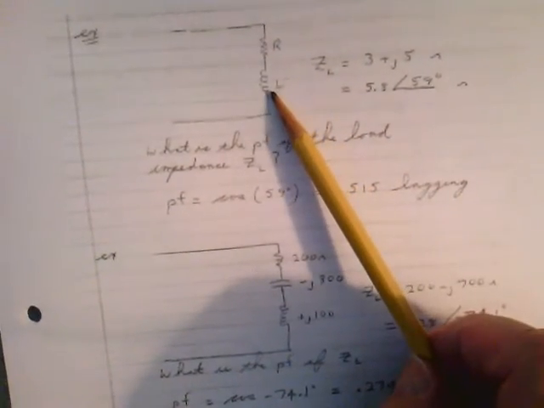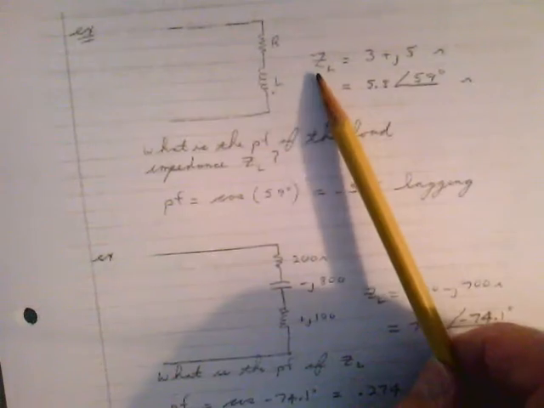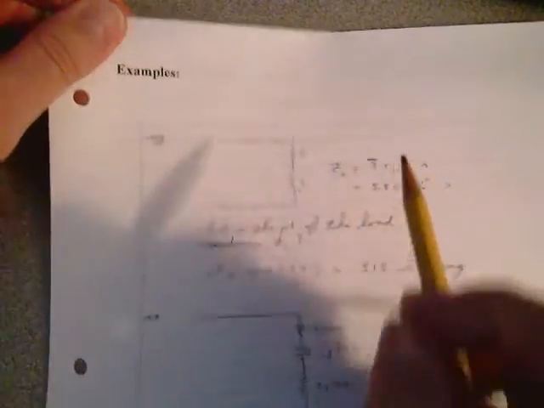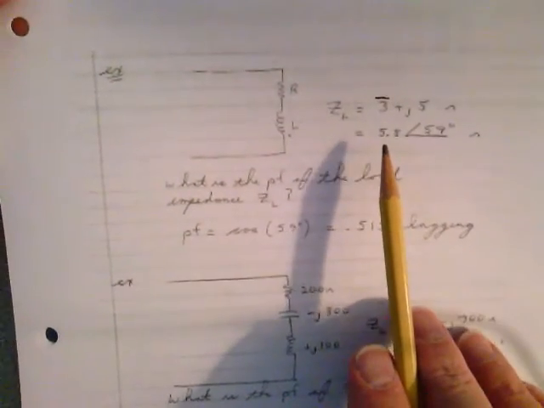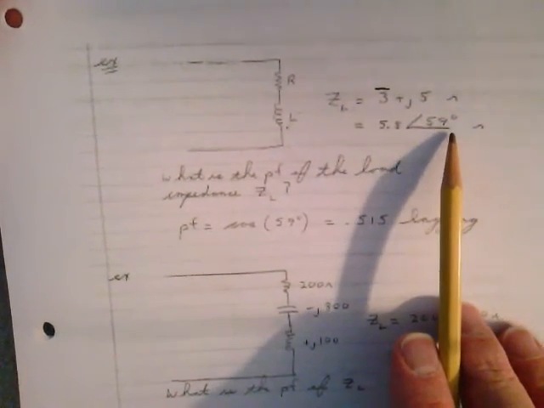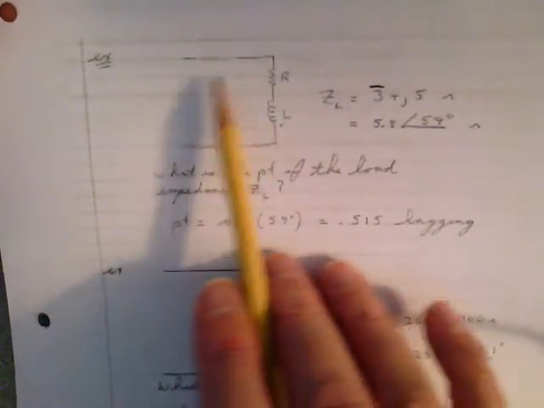So as a quick example, here we have an RL circuit. The impedance is equal to 3 plus j5 ohms. In polar form, it's 5.8 at an angle of 59 degrees, and I want to know what the power factor is of this load.